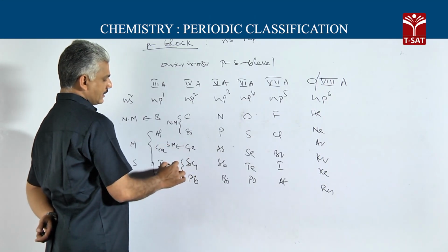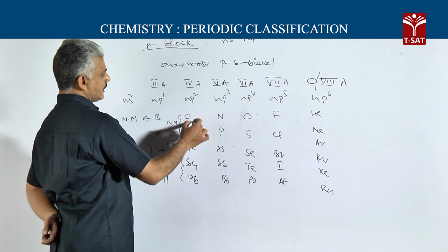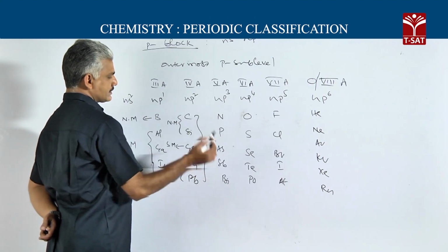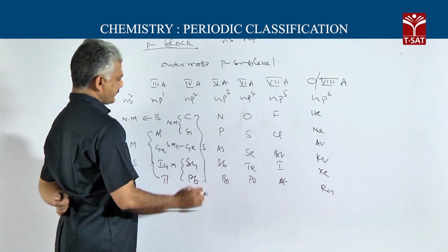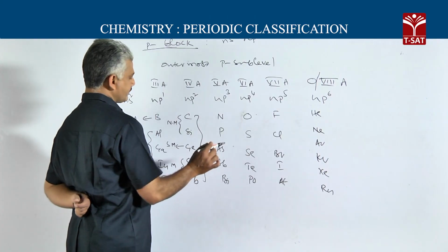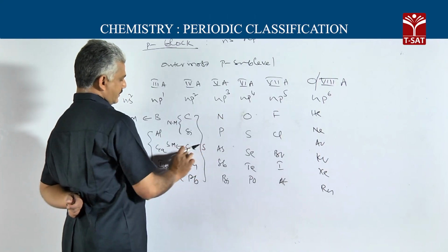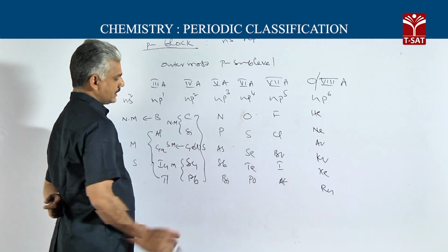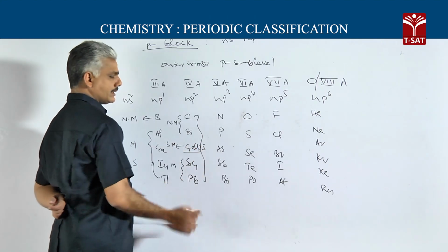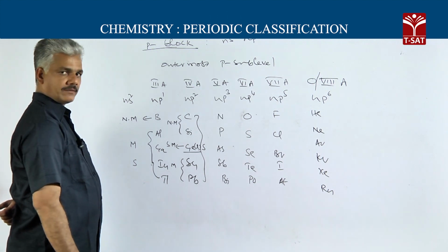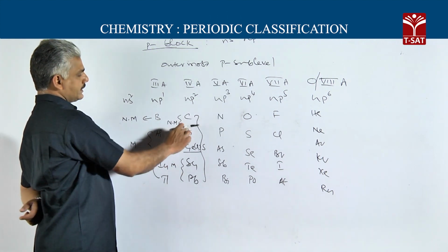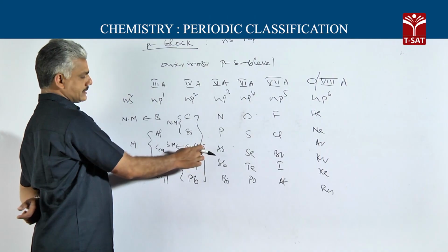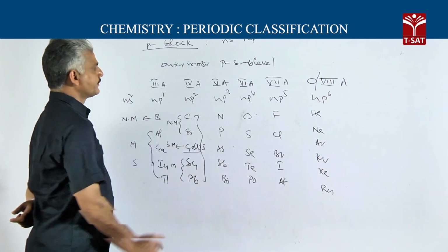Tin and lead are metals and all are again solids. Germanium is a liquid semi-metal. In fact, this is the only semi-metal that exists in liquid state. Rest of the elements in 4th A group exist in solid state.